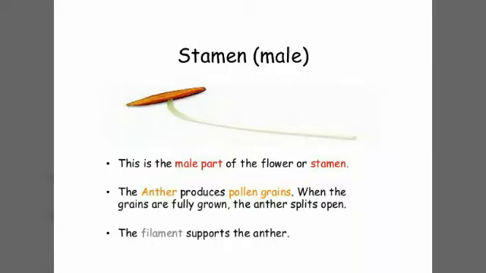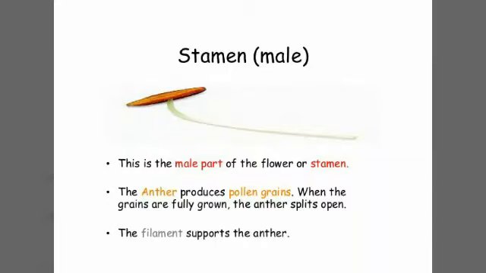Let's understand what the stamen is. The stamen is the male reproductive part of the flower and it contains basically two parts. First is the anther and second is the filament. The anther produces pollen grains.